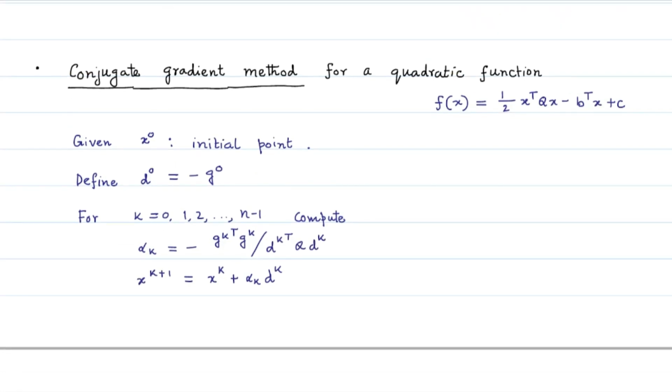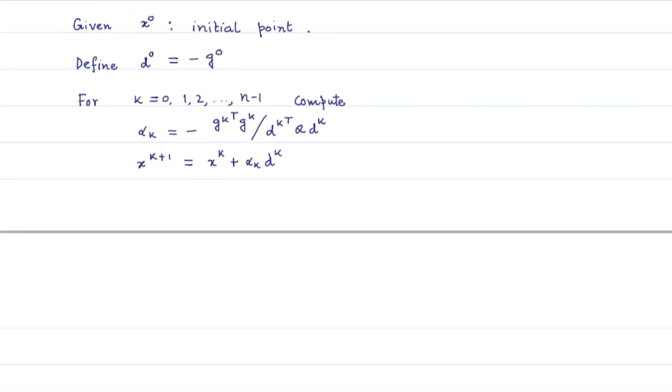After computing this xk plus 1, go for computing the next direction given by dk plus 1 equal to minus gk plus 1 plus beta k dk. So the scalar beta k is given by, as we have already computed, gk plus 1 transpose Q dk divided by dk transpose Q dk.